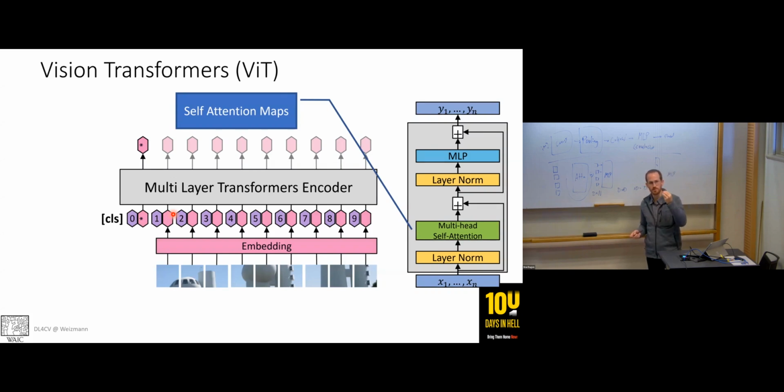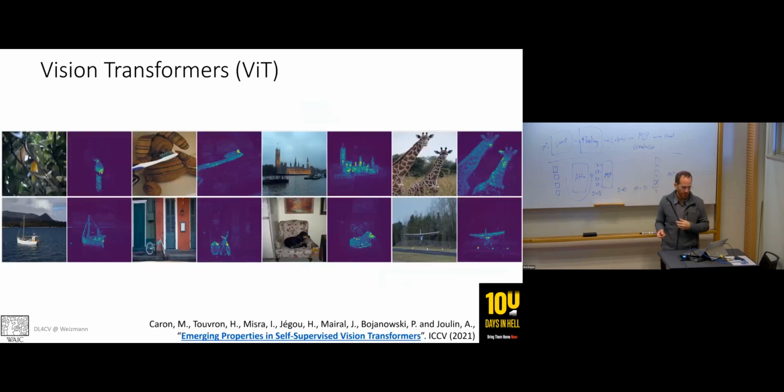Where does this token draw its information from? And if you look at the attention maps, what do you see? Just where the label comes from. It really knows where to attend. This is from the very last layer of the transformer. It really knows where the foreground is. Where is the interesting object in the image?